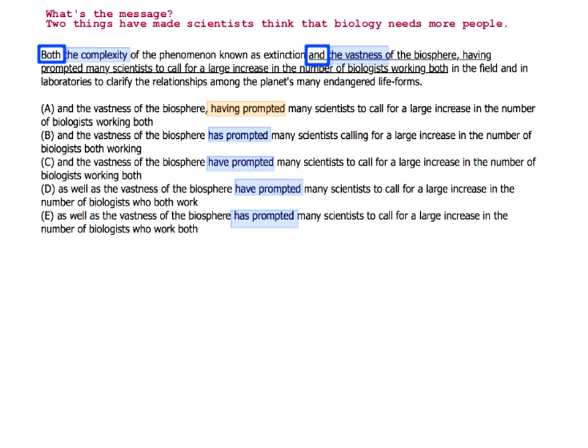That's basically the message of the sentence. And it needs more people in two different areas. So basically you have thing number one and thing number two have made people think that biology needs more people in area number 1 and area number 2.